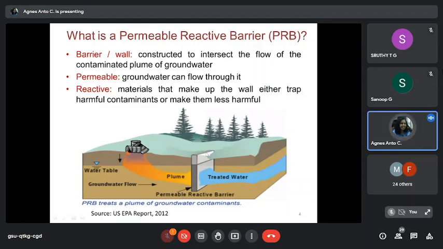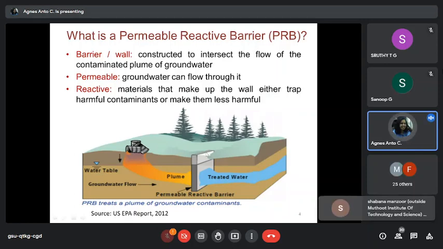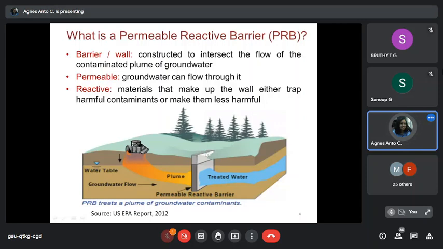It is a barrier which contains some reactive materials. Reactive materials means it is altering the characteristics of the contaminant, treating your groundwater, improving its properties and releasing it out. So it has a reactive material, and at the same time your barrier is permeable in nature. Permeable in the sense it will allow the groundwater to flow through it.